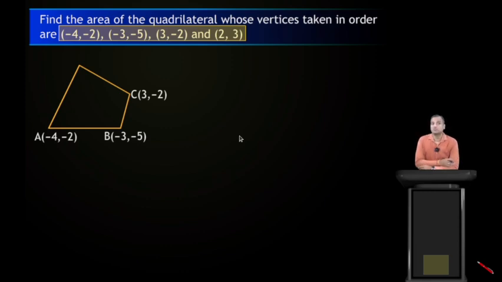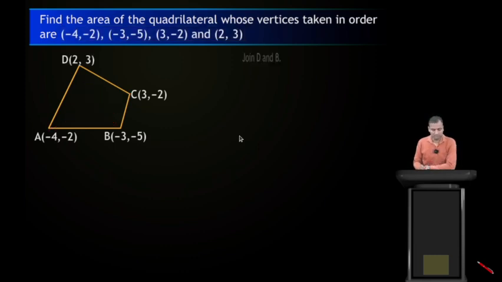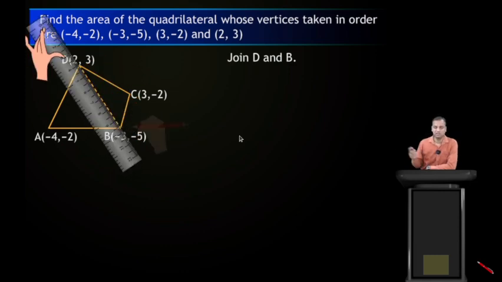Okay, students, we can divide this quadrilateral into two triangles. How? Just join its diagonal AC. If you join AC, then you get two triangles, triangle 1 and triangle 2, and then find the area of these triangles and add them. You can also join DB, you can join any diagonal.